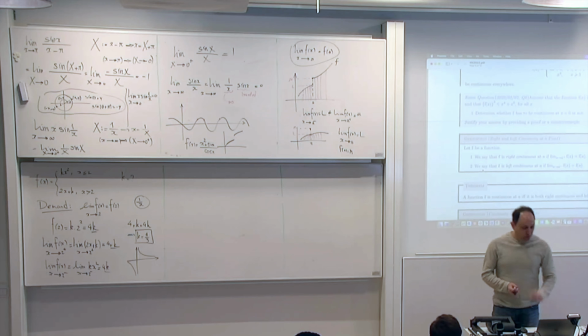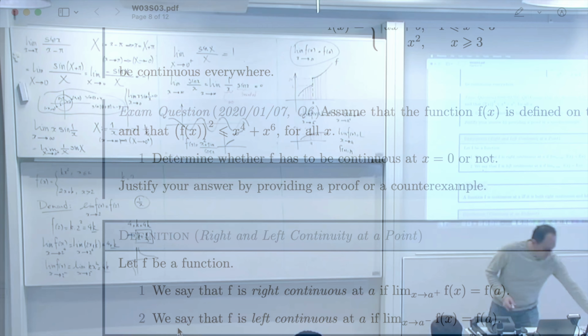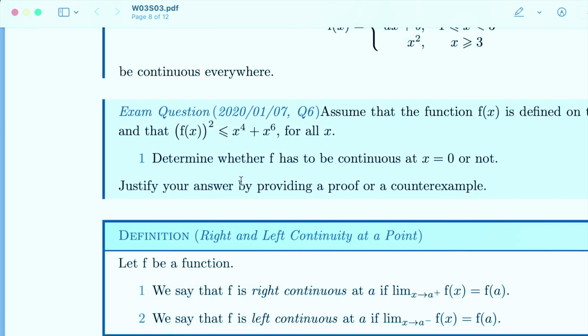Let me solve one exam problem. This is a good one. Let me first show it on the display so people can see. Let us read the question. Exam question 2020. Assume that the function f of x is defined on the whole real line and this inequality holds. I don't know anything about the function except that this holds.